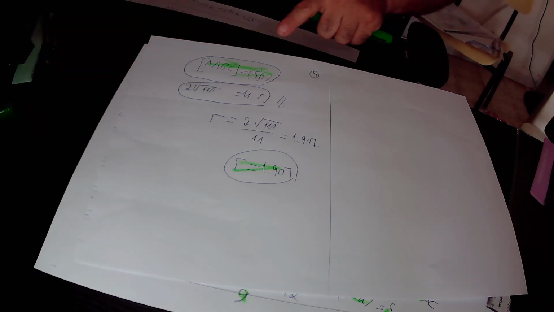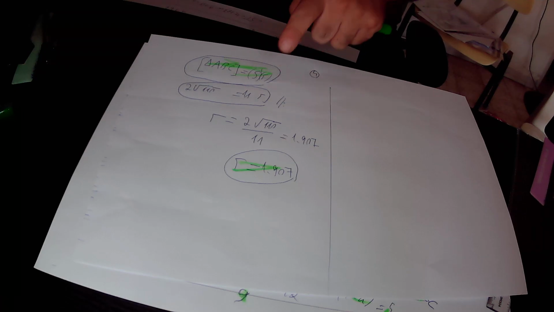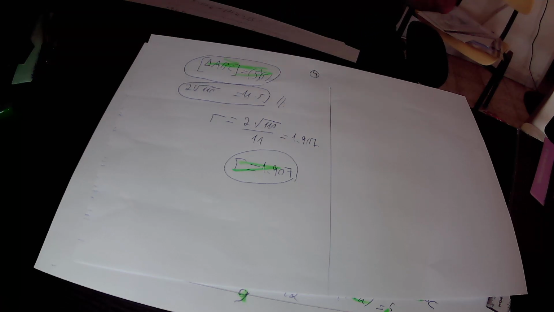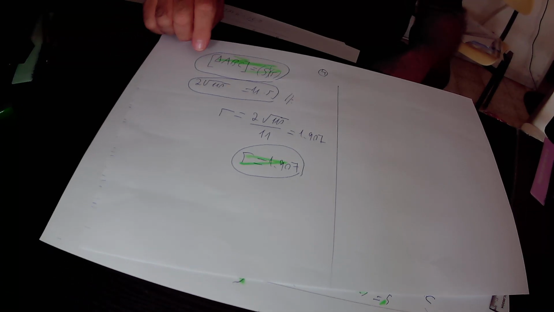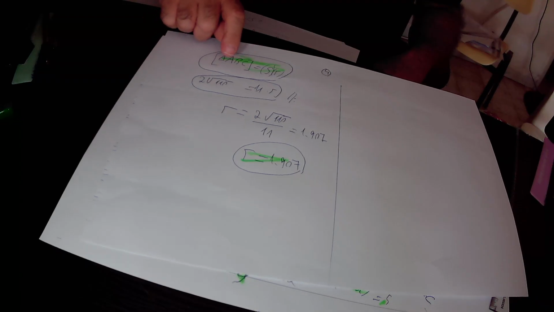And we already found out that S equals 11 times the radius of the circle the triangle ABC blocks. So in total we found out that 2 times square root of 110 equals 11 times R.